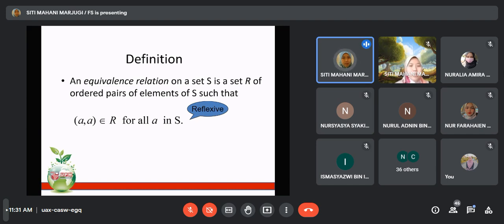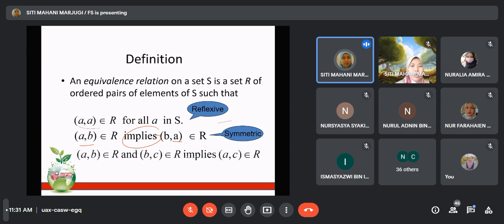If we have an ordered pair AA in R, we can say this is reflexive. AB implies BA, so we call this symmetric. The last one is AB and BC imply AC.